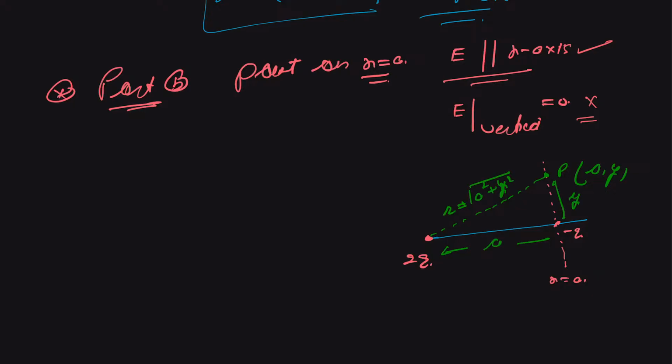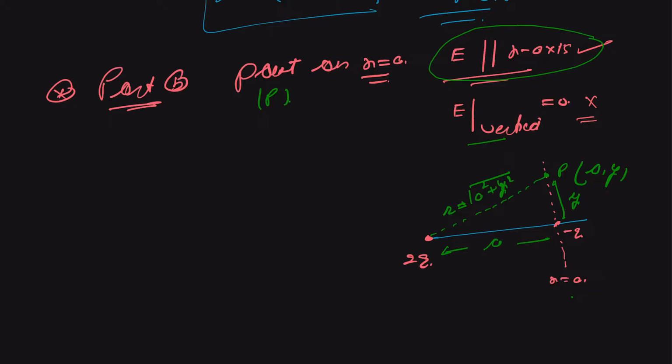And we have to find out at this point P, or it can be in the negative side also, that doesn't matter, only the vertical component should be equal to 0, then only we are going to get that the electric field should be parallel to the x-axis. Okay, that's the only at this point P. Okay, so this point is our P point.